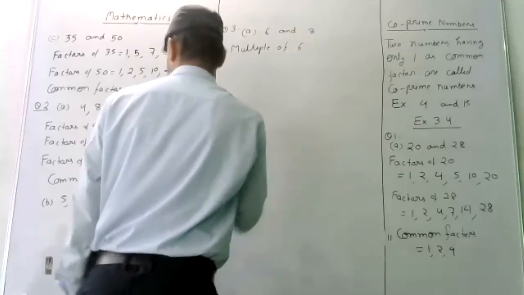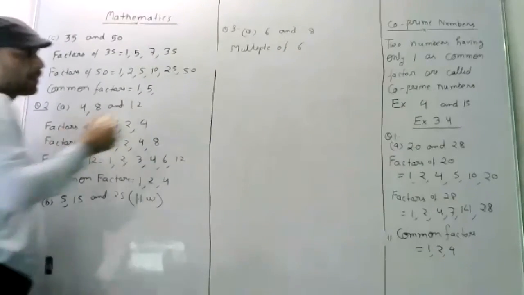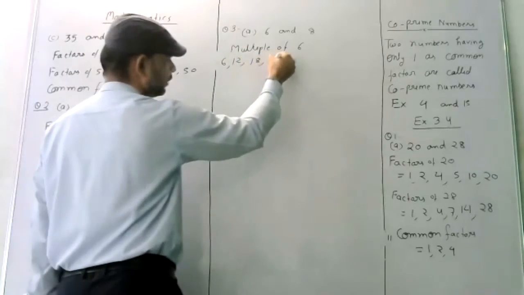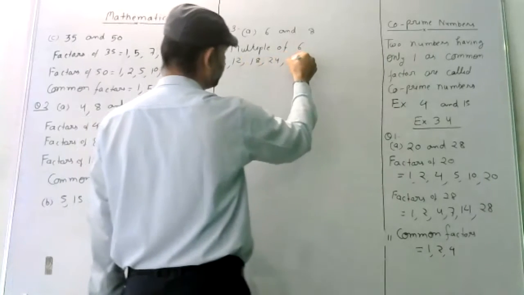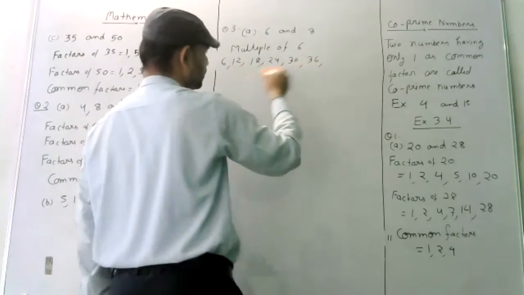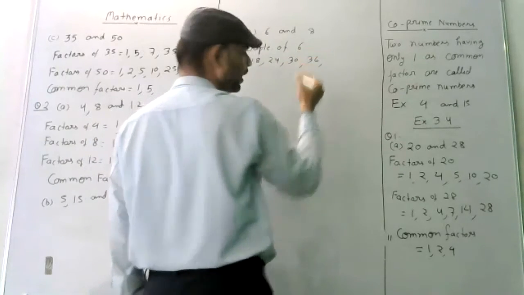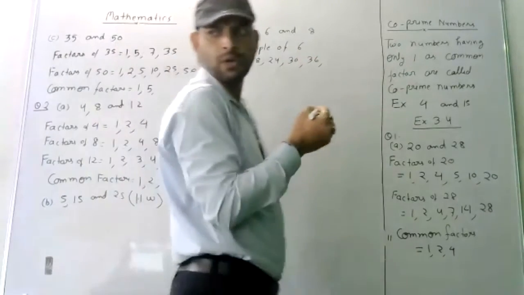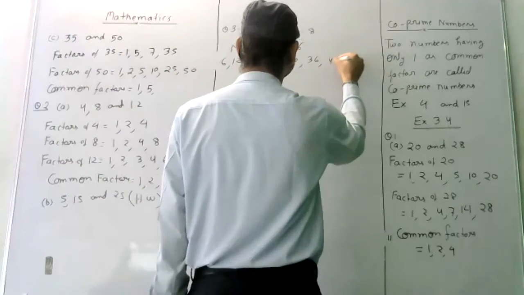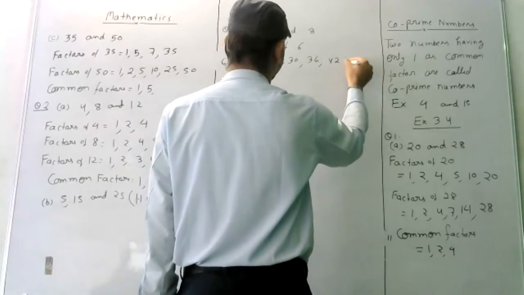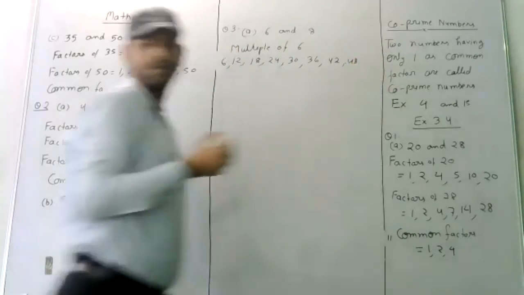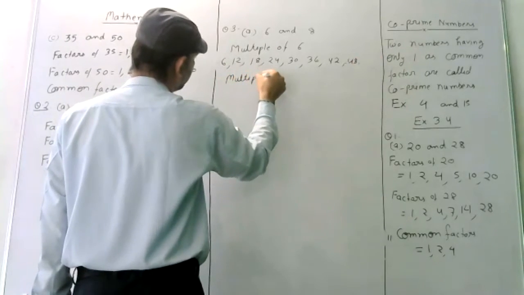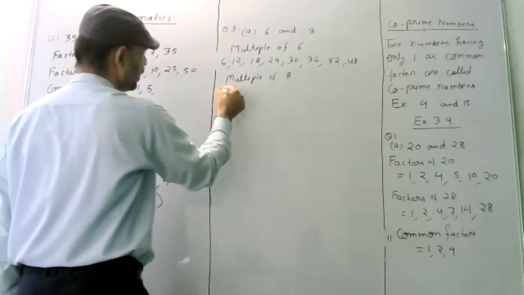of 6 are, listen students, 6, 12, 18, 24, 30, 36, 42, 48 and so on, and multiples of 8.